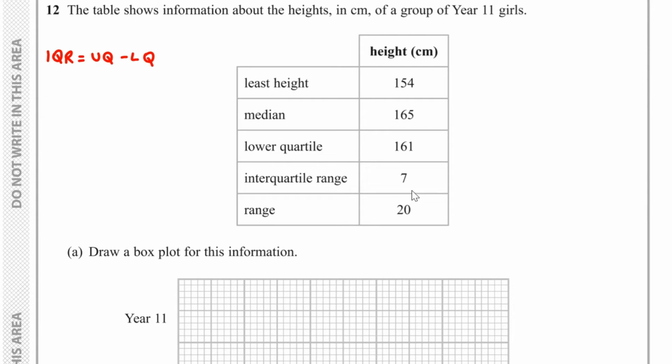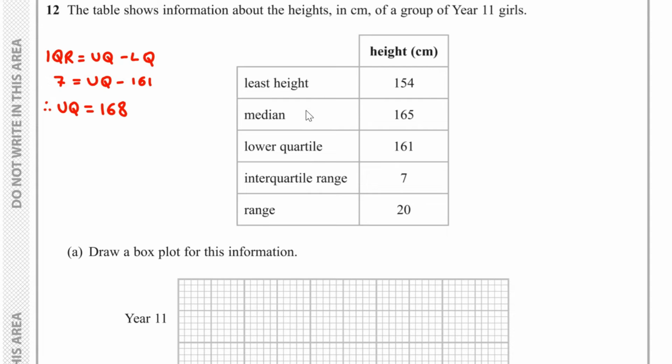The interquartile range we've been given as 7, so we've got 7 equals upper quartile, which we don't know, take away lower quartile, which is 161. So therefore the upper quartile is equal to 7 plus 161, which is 168.